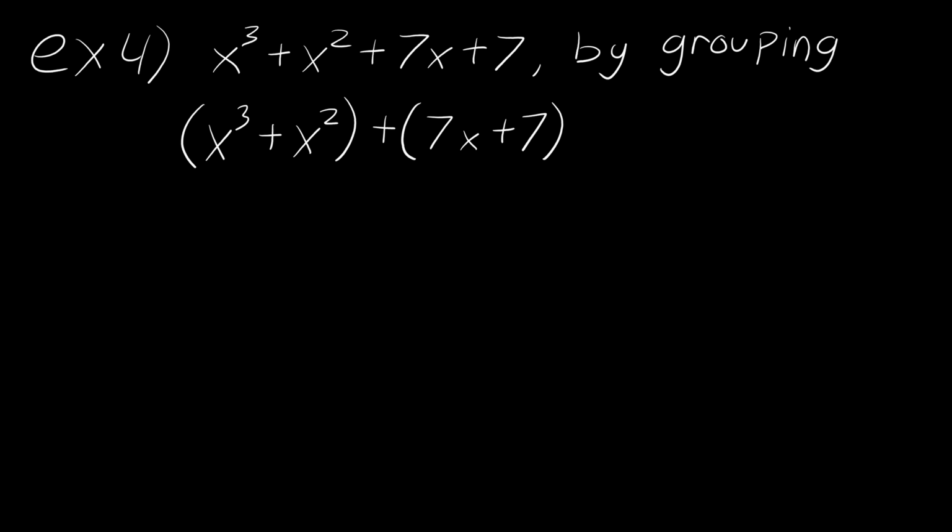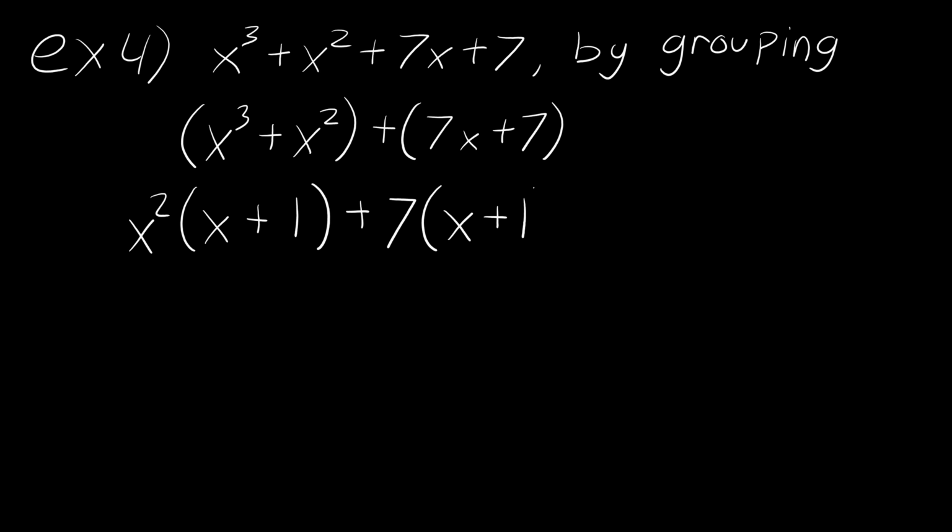Now, in the first expression, x cubed plus x squared, we can factor out an x squared, which will leave us with x plus 1, because x squared goes into x squared one time. Then 7x plus 7, we can factor out a 7. So 7, then we'll be left with x plus 1. 7 divided by 7 is 1.